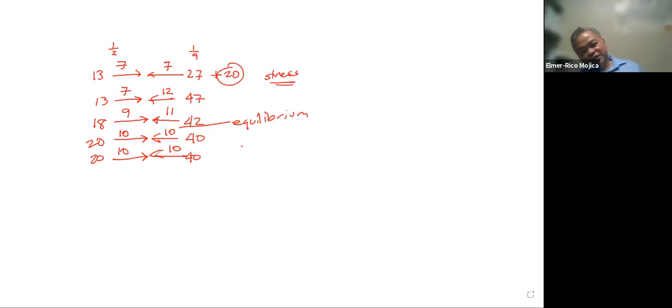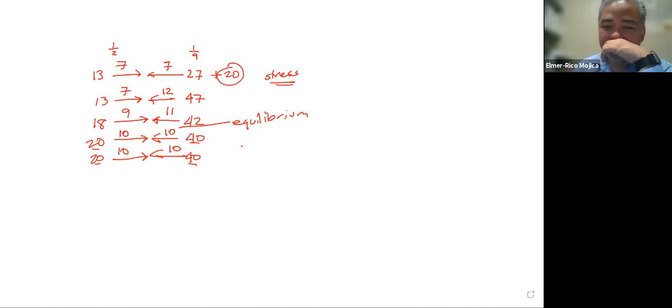And again, the 20 items that you have here are not the same as the 20 items here. The 40 items that you have here are not the same as the 40 items here. So we have a system at equilibrium, a stress was applied to it. What the system does is try to relieve the stress until it reaches equilibrium again.